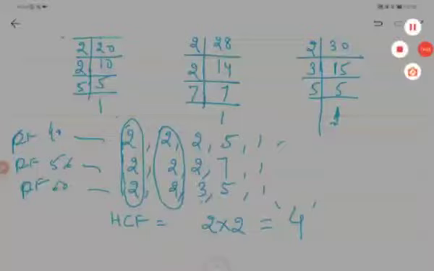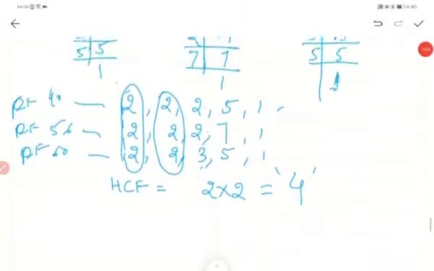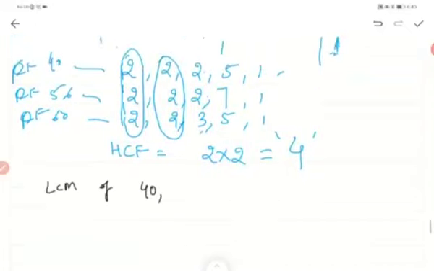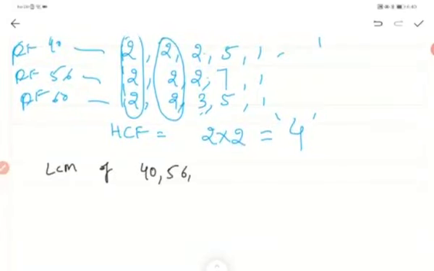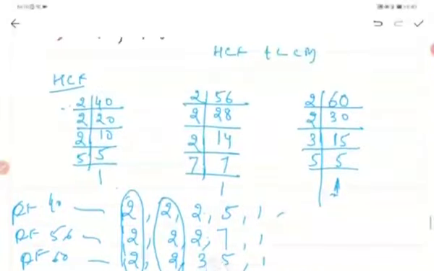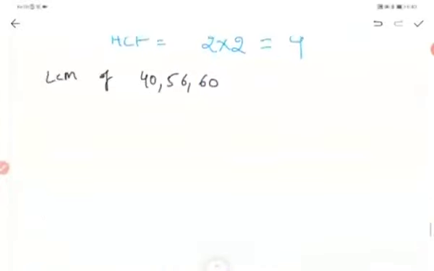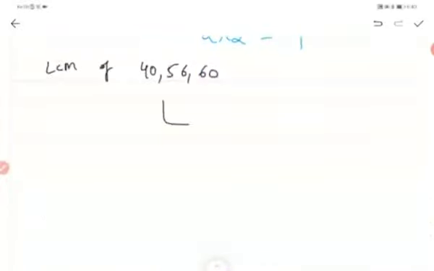Okay, for the same numbers, let's find the LCM. LCM of 40, 56 and 60. For HCF we took the numbers individually to find the prime factors. Now for LCM, you will take all the numbers together like this.